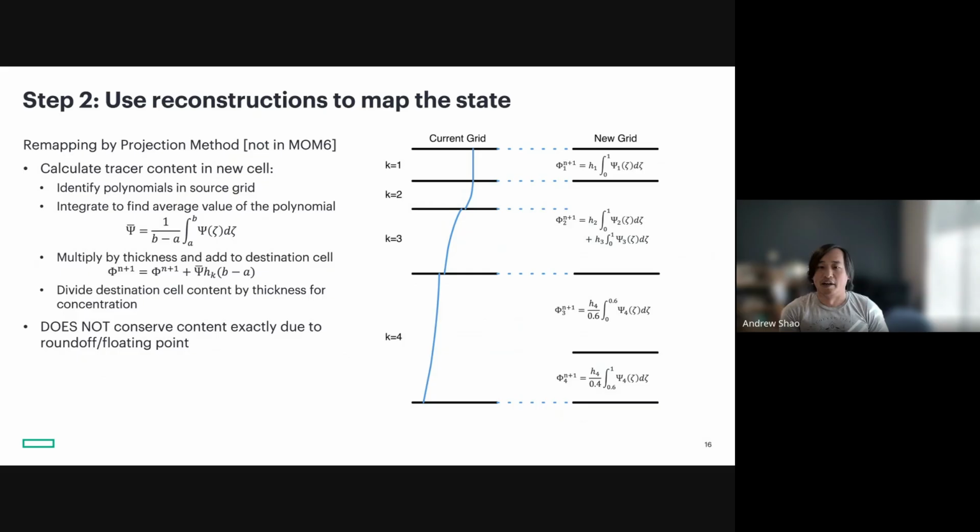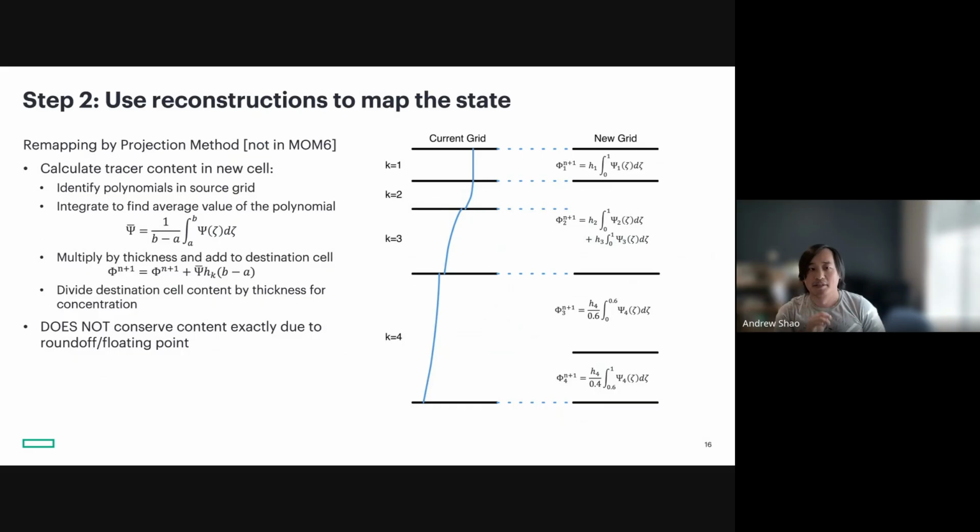One thing to note is that in MOM6, it's implemented such that these polynomial reconstructions always go from 0 to 1. At the top, the shallowest interface is 0, the deepest interface is 1, and you integrate down.